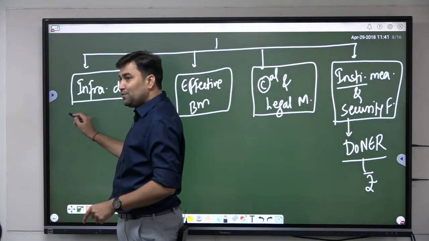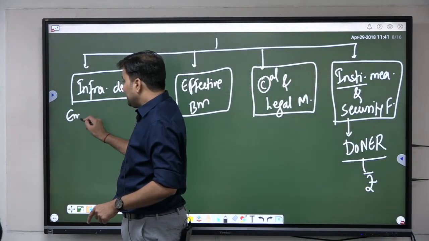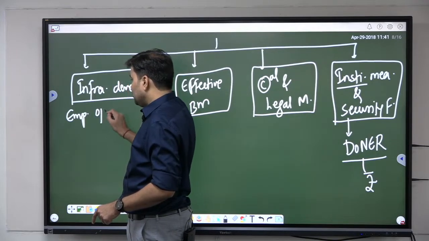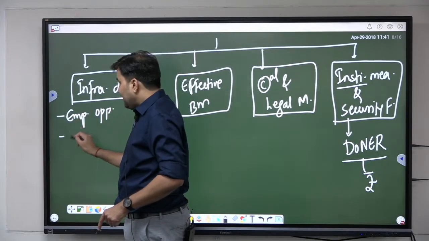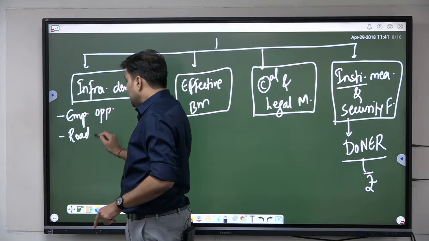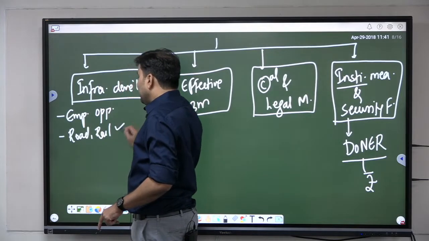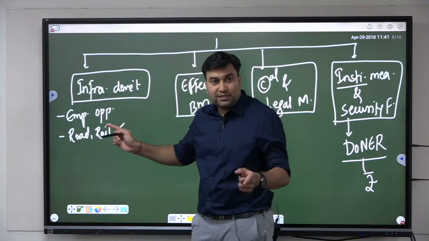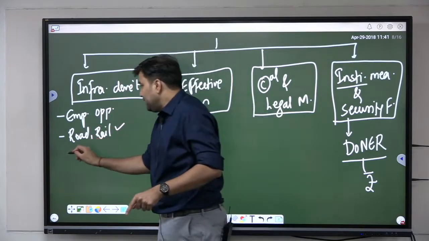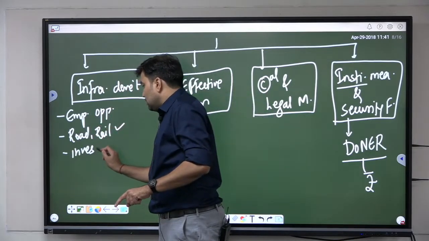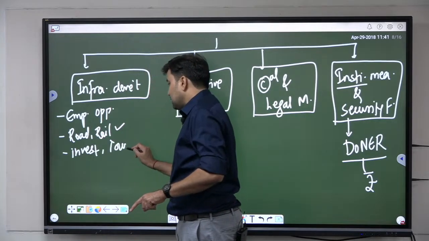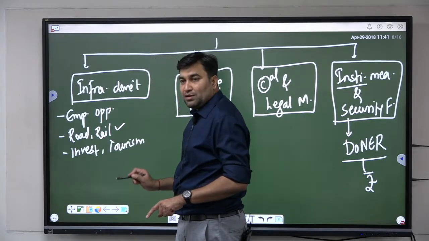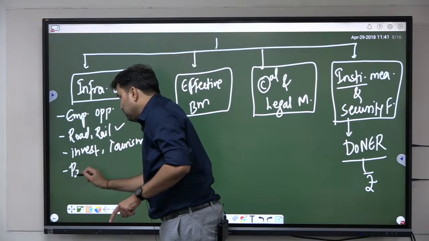The basic infrastructure will develop, people will get employment opportunities, correct? Infrastructure like roads and rails should be developed. I know it is difficult to develop in Northeast India, but you should develop it. You should bring in investment. You should bring tourism, right? In this context, you should bring people-to-people contact.